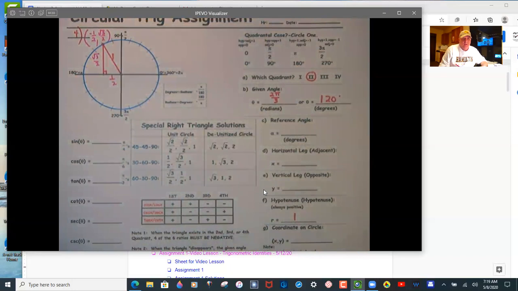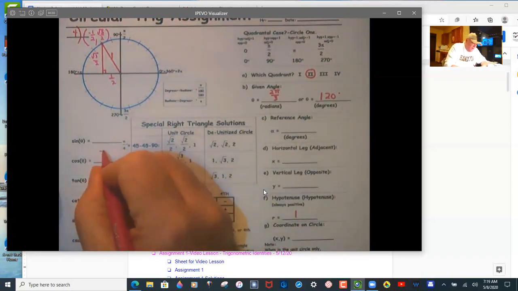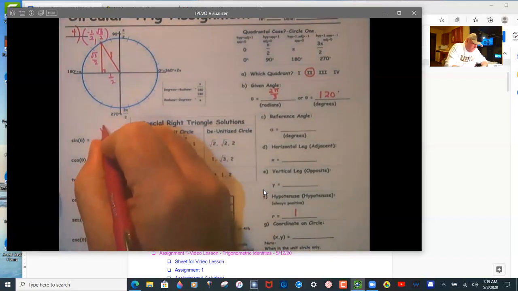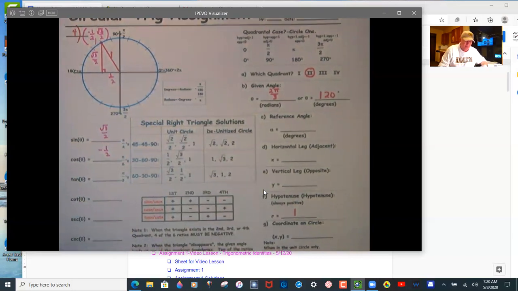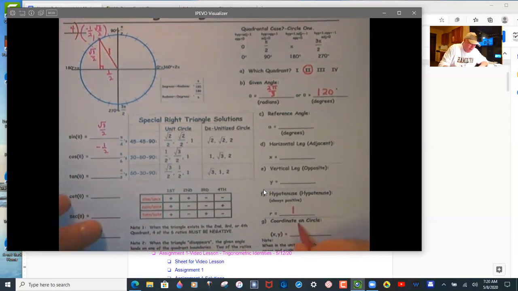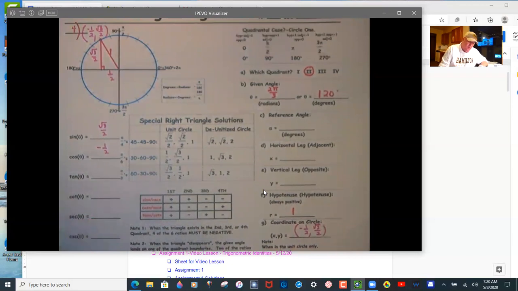And so what you need to know is, again, that cosine and sine are the x and y value. And so all this gets filled in, and yes, it is labor intensive. I will not lie to you there.